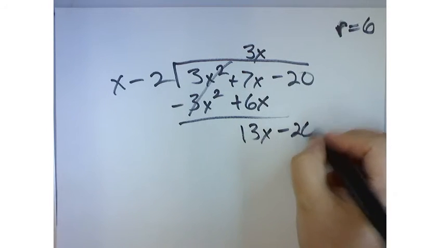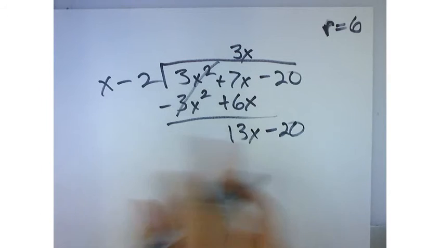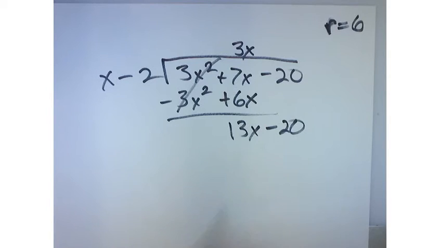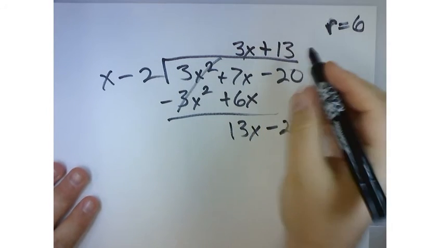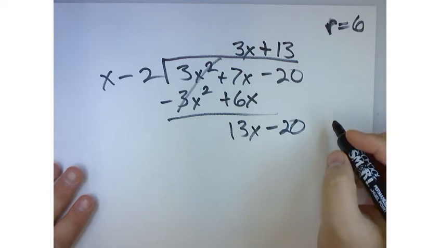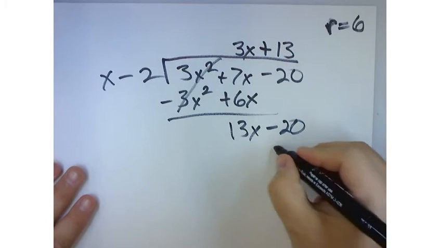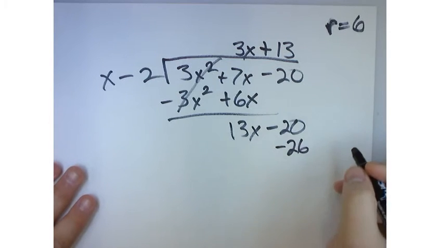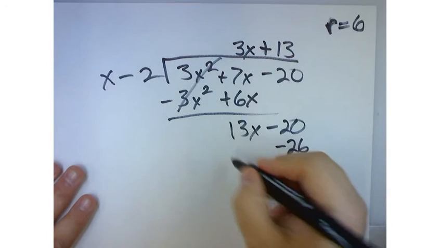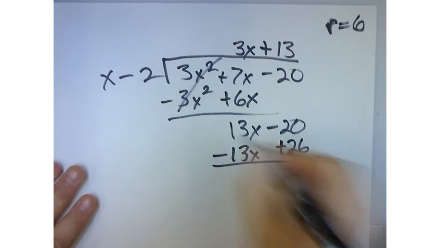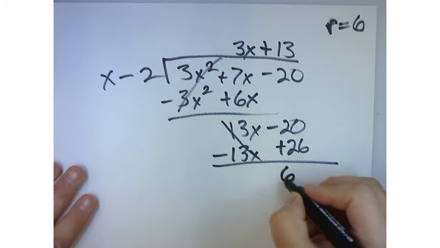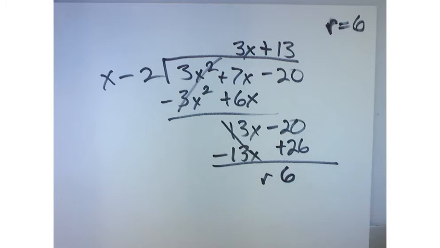What do I multiply x by to get 13x? 13, right? So I'm going to say positive 13, and 13 times 2 is 26. 13 times x is 13x. Then I change the signs. These cancel, and look what I'm left with. That's no accident.